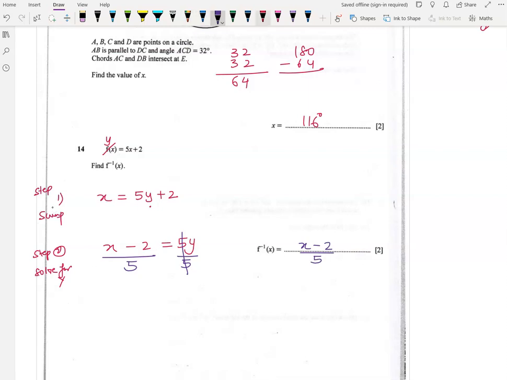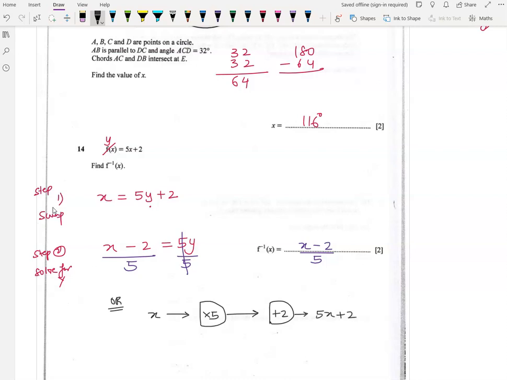One more way of doing the same question is we can use the function machine. So 5x plus 2. x goes into the first machine, you times 5, and then it enters the second machine, you add 2, and that's how you get 5x plus 2.